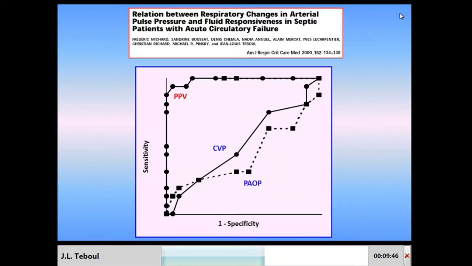In this old study, we show that PPV was far better than CVP and wedge pressure to predict responsiveness. Look at the area under the ROC curve for PPV, which was excellent, compared to the area under the ROC curve for CVP and also for POP. And this was performed in patients with septic shock.